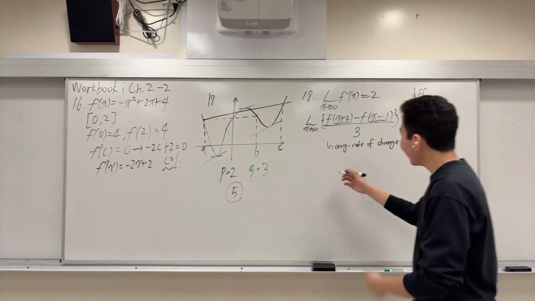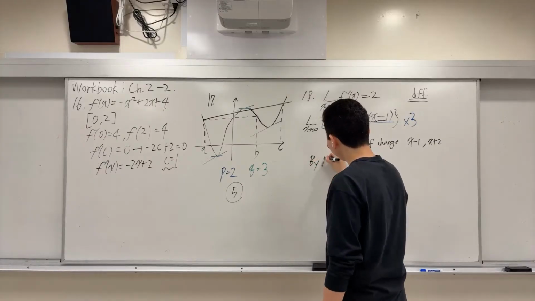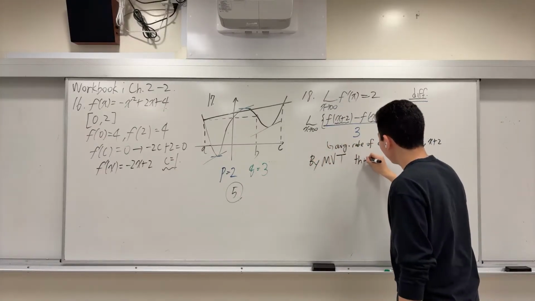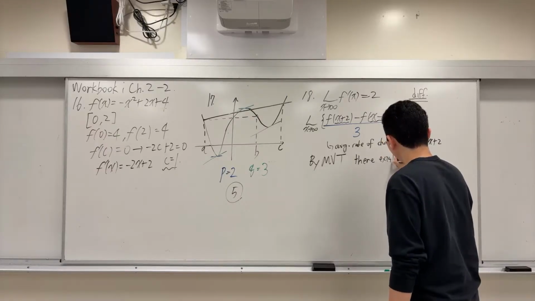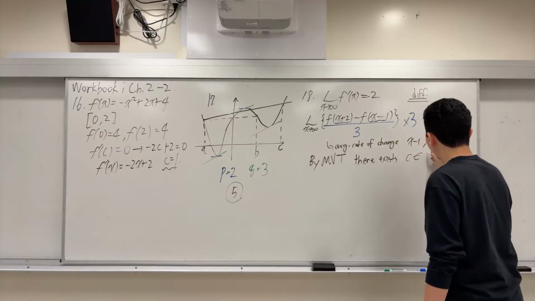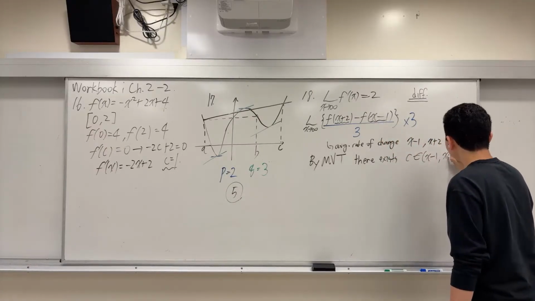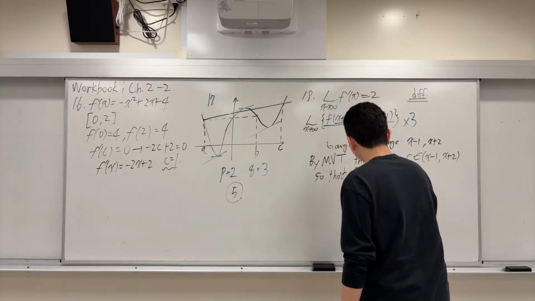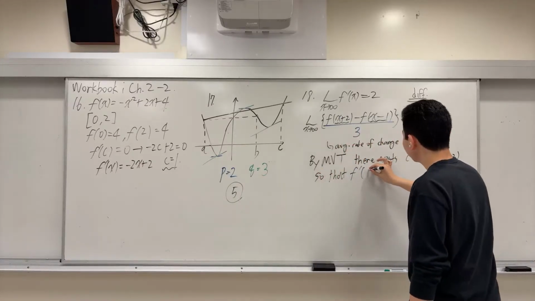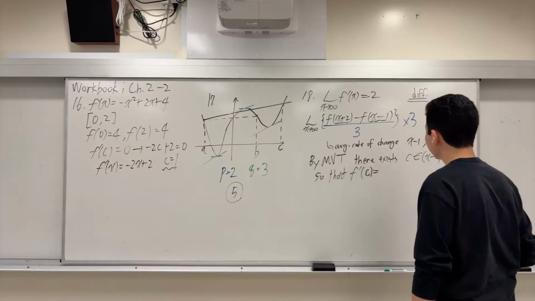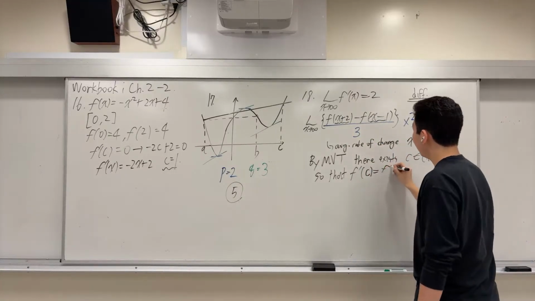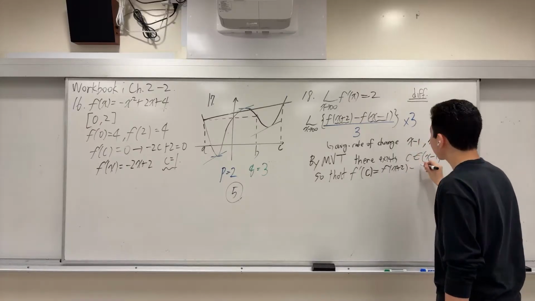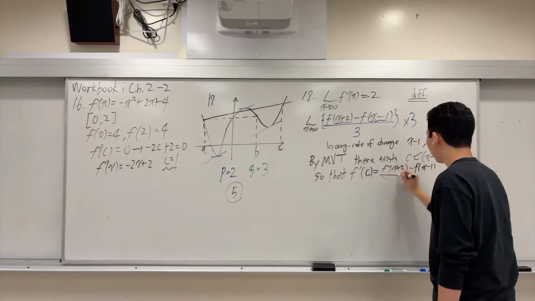So we can say by the mean value theorem, we can say that there exists C, which is between x minus 1 and x plus 2, so that f prime of C equals this, f of x plus 2 minus f of x minus 1 over 3.